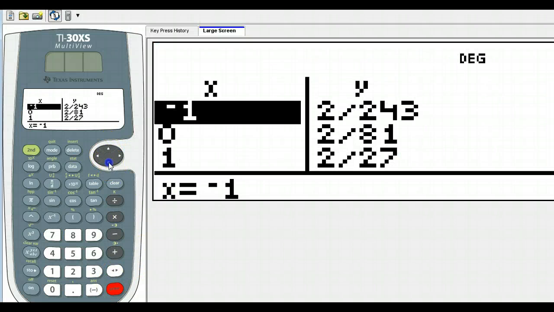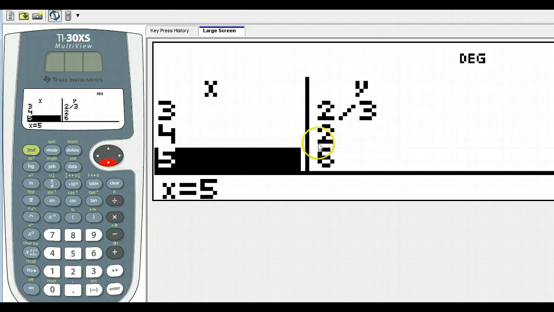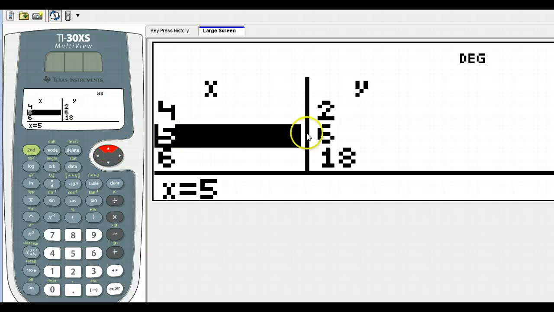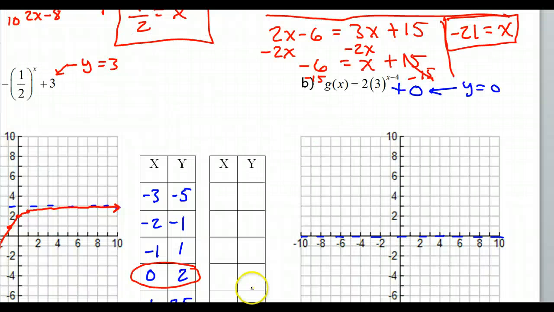This time the big numbers are at the bottom. 18 will not fit. Okay, 6 is the first value that fits. So 5, 6 should be the first value on your chart.